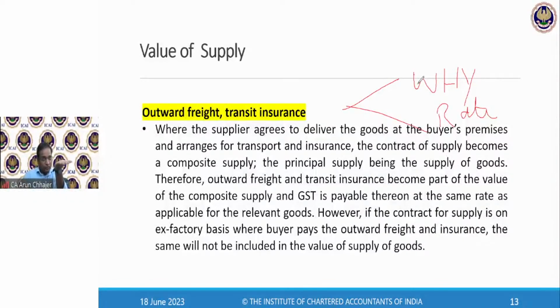So the rate of the goods applies on the other ancillary services. Let's say my goods are taxable at 5%. Freight, insurance, labor standalone have their own tax rate, let's say labor at 18%. But because of the composite supply concept, GST would be charged on these elements at 5%, which is the rate applicable to the principal supply.